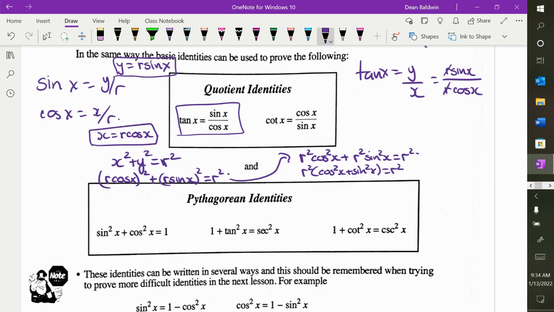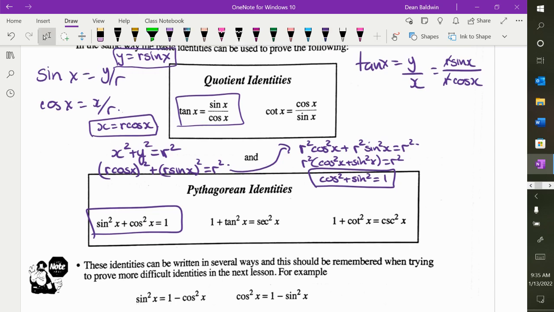So r squared over r squared is 1, which is that identity there. Sine squared plus cos squared equals 1. Based off of that rule, you can generate these other ones, which I'm not going to do right now. But that's how they come up with these. They're not just magic that they invent.